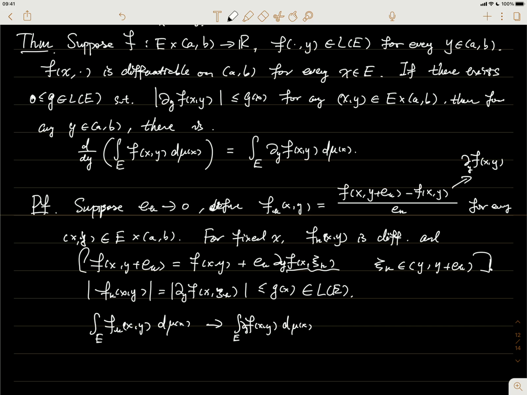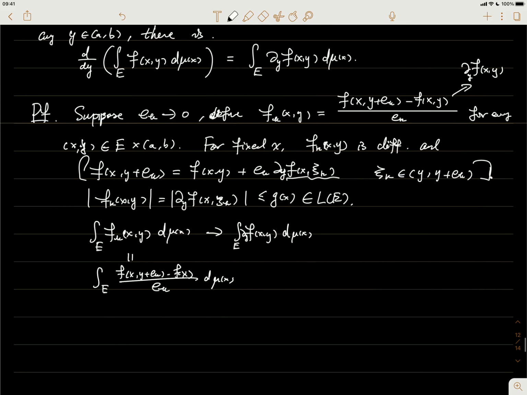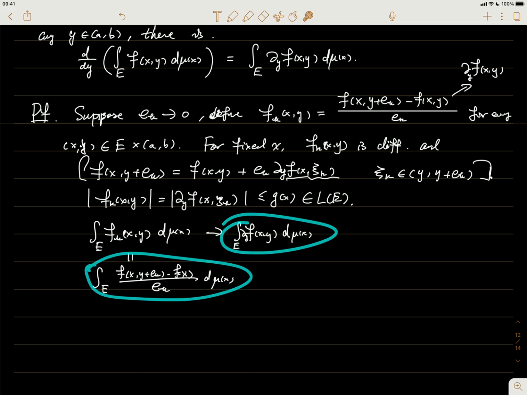Okay, now let's look at what happens to the left-hand side. The left-hand side, according to our definition of the f_k, becomes the integral of this ratio divided by e_k d mu x, and so what this complete statement says is that the limit of this thing converges to this.